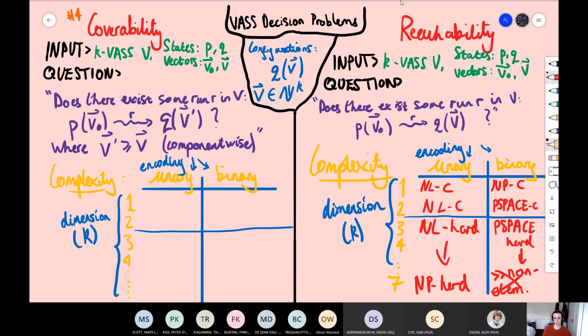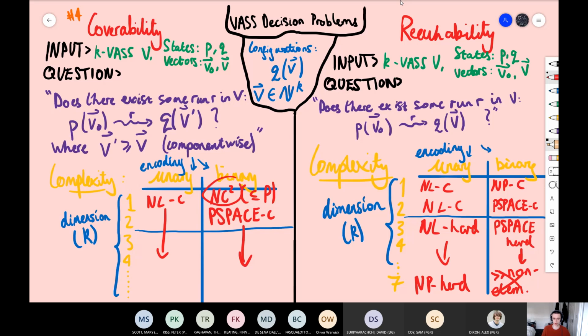Some clever chappy showed the following, that unary, doesn't matter the dimension, is NL-complete. And then the binary setting is a lot harder. We have PSPACE-complete for dimension 2 onwards, and then up here we have NC2, which is a subset of P. Just worry about the P. NC2 is kind of parallel computable, and the 2 I think represents the number of processes, if you will, just to keep it kind of informal.